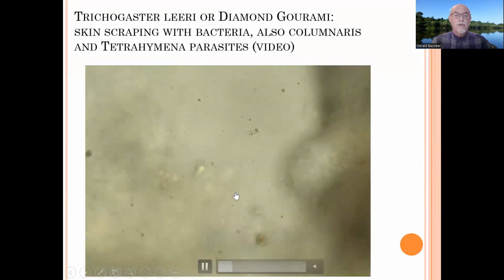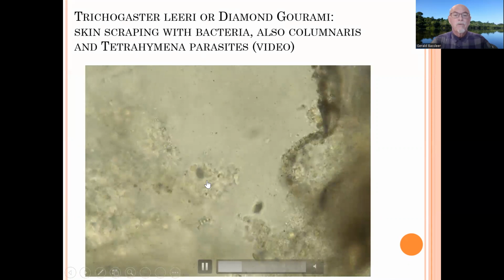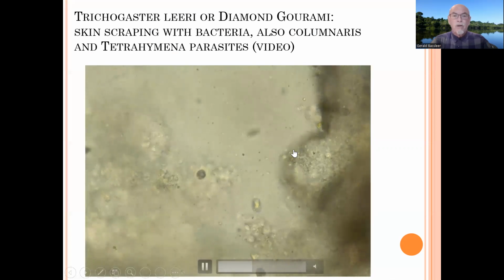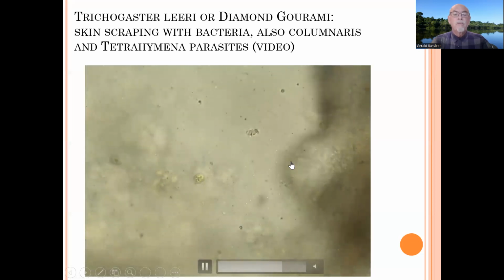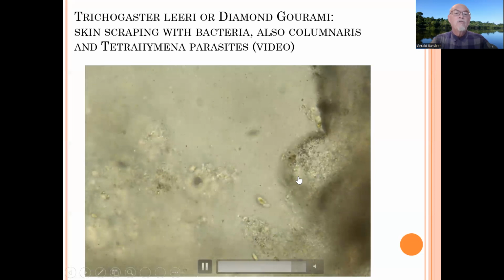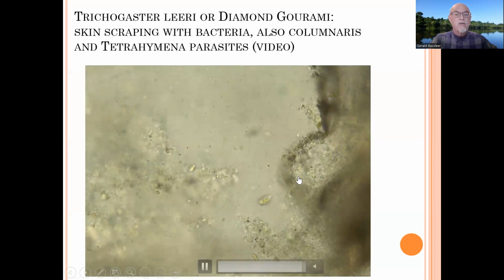We also found a few Tetrahymena parasites here moving around. And here we saw a kind of Columnaris infection, colonies here at the site of this tissue. It's not always easy to observe the filamented bacteria, but it's typical that this causes this kind of necrotic infection.